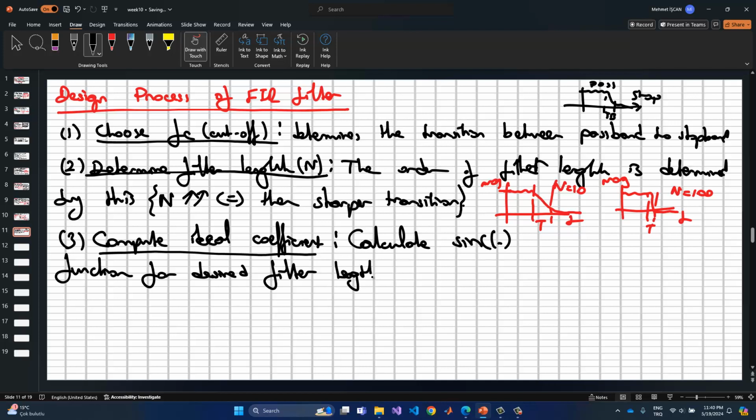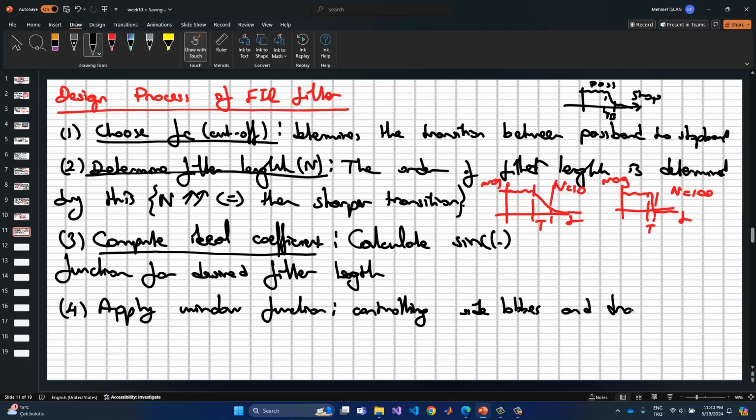Okay, and also we need to apply a window function to convolve these things. Okay, controlling the side lobes and the transition band.